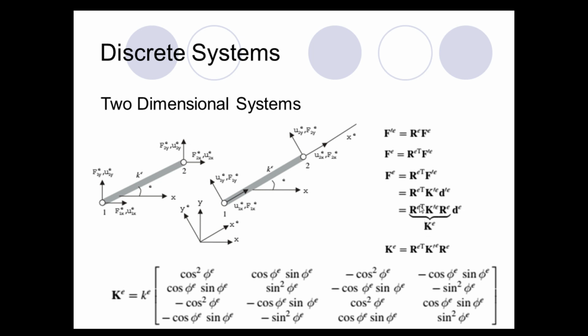Okay, so RE transpose multiplied by K multiplied by RE. This will give us the stiffness matrix in the global coordinate system.